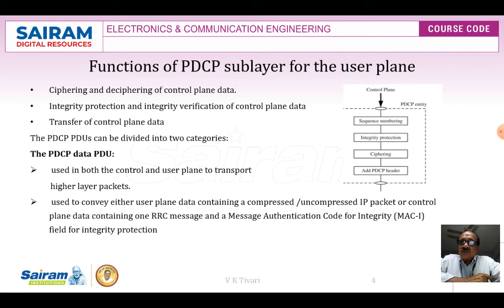One is used in both the control and user plane to transport higher layer packets. It is used to convey either user plane data containing compressed and uncompressed internet protocol packets, or control plane data containing the RRC message and the message authentication code for integrity, the MAC-I field of integrity protection.